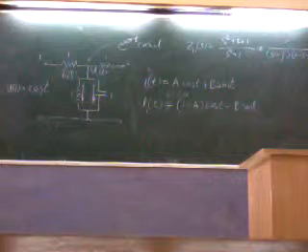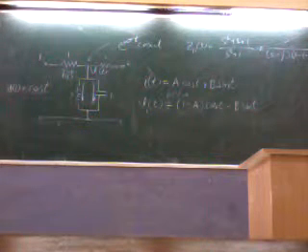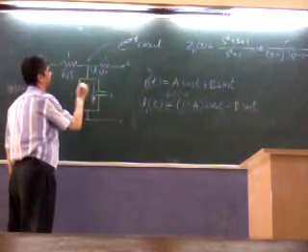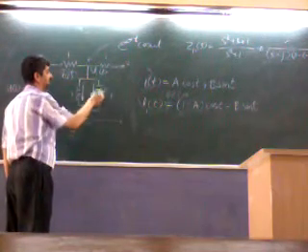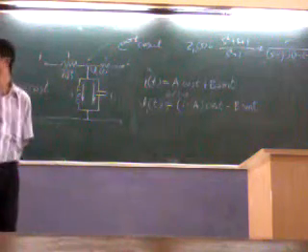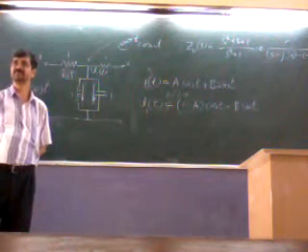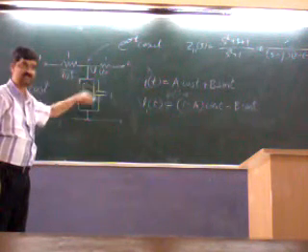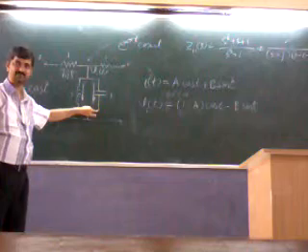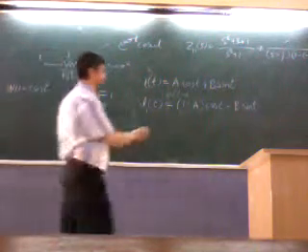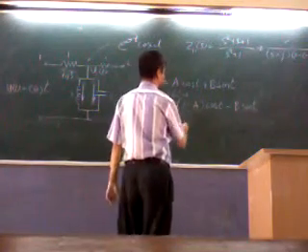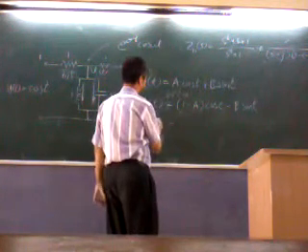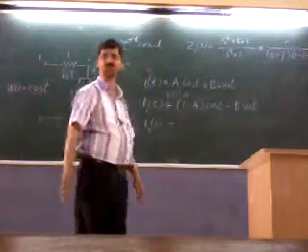Now, to find out these values, how will you find out? What is I_C(t)? C is 1, so it is the derivative.